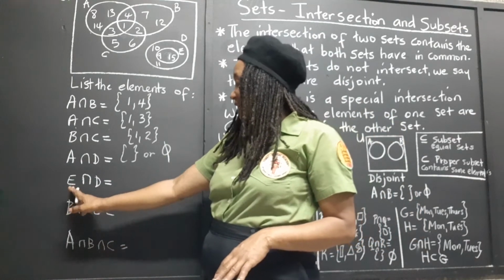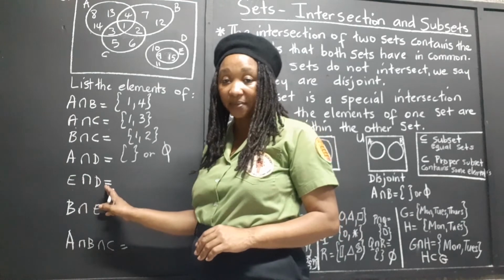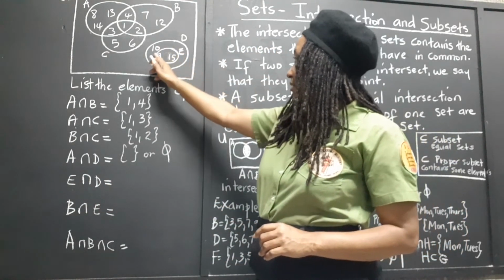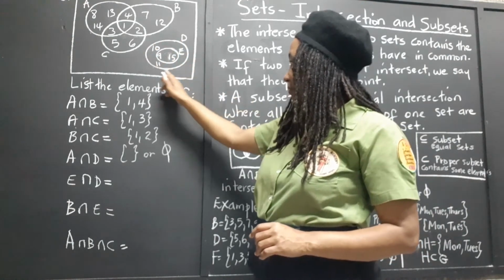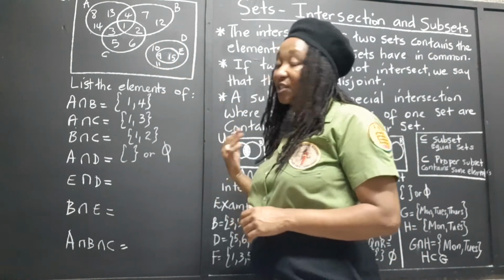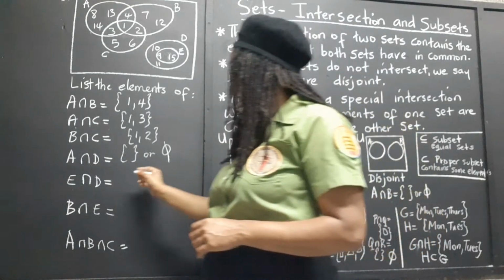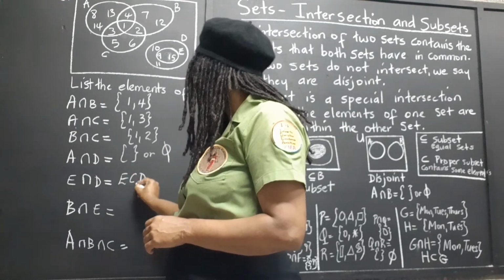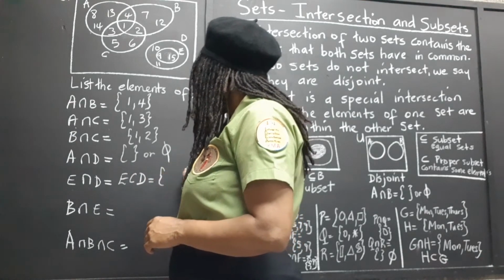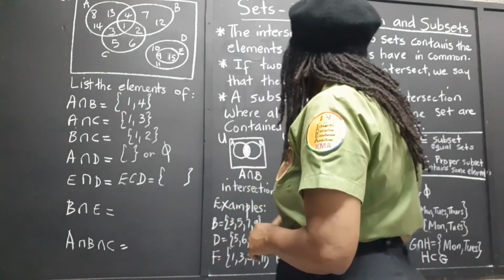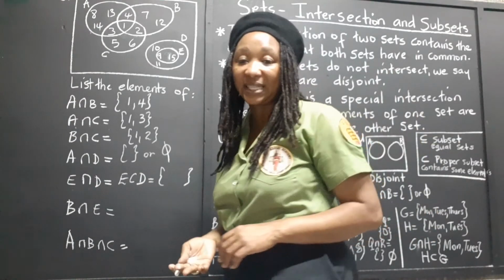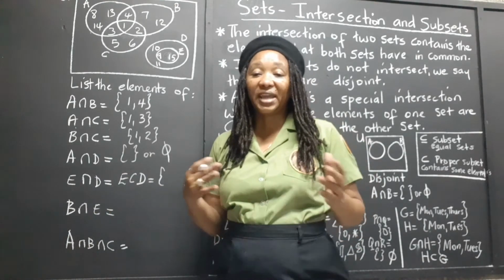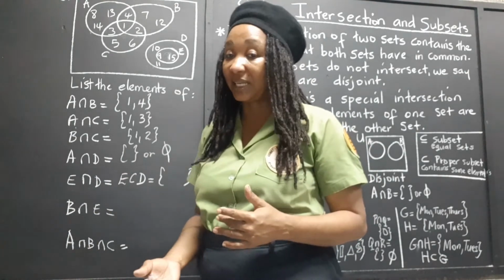How about E intersect D? Everything in E is contained within D, so E is a subset of D. We can write that E is a proper subset of D. If one set is a proper subset of another, their intersection is automatically the smaller set.